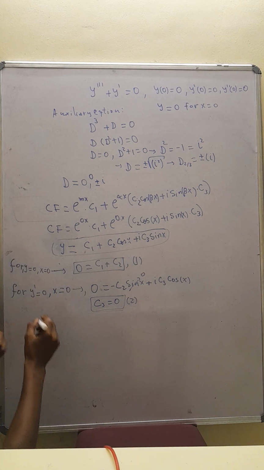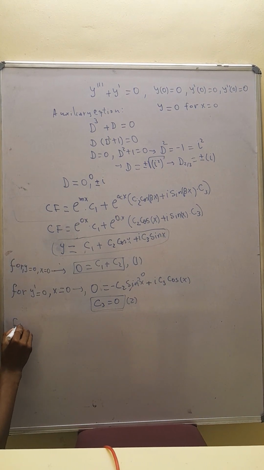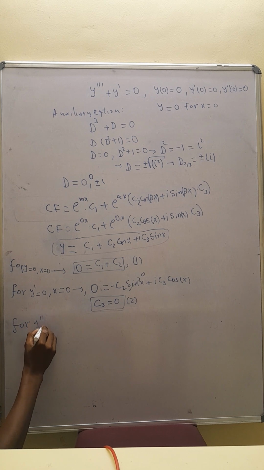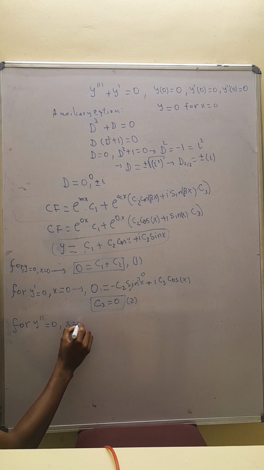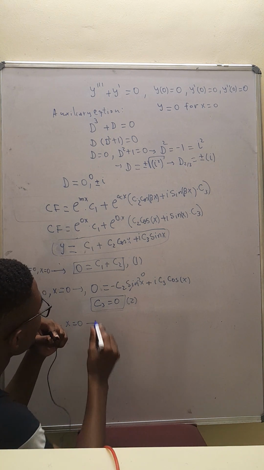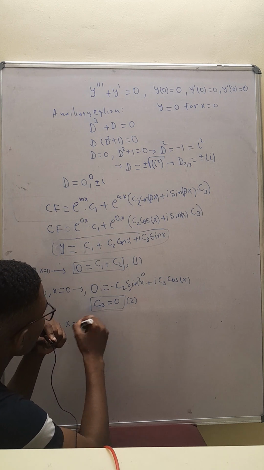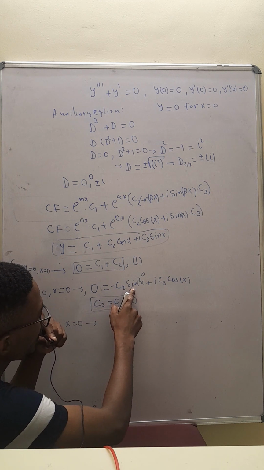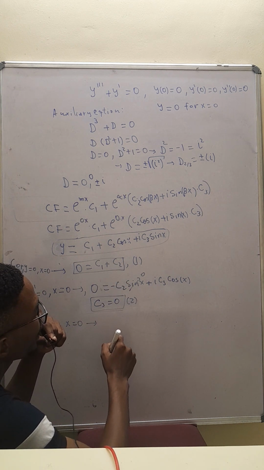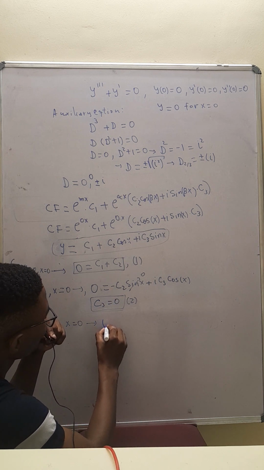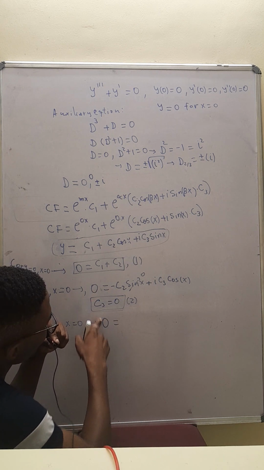Now they said again, for y double dash equal to 0, x 0, find. Let us find what will happen here. Just pick up this term and derive again. If I derive 0, it's 0.